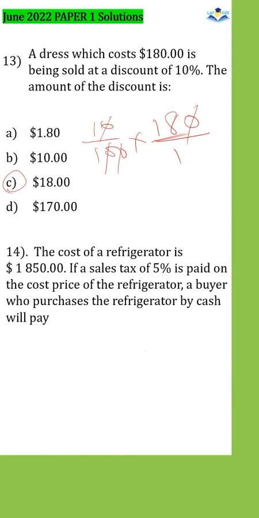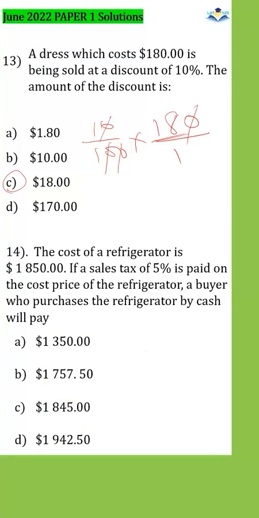Question 14. The cost of a refrigerator is $1,850. If a tax of 5% is paid on the cost price of the refrigerator, a buyer who purchases the refrigerator by cash will pay what? You will pay the cost including the tax. There are 2 ways we can do this. We can find 5% of 1,850, and that is going to give us a total of $92.50.